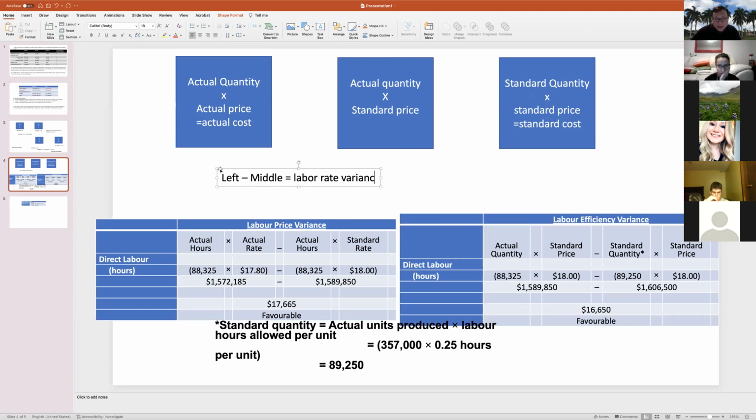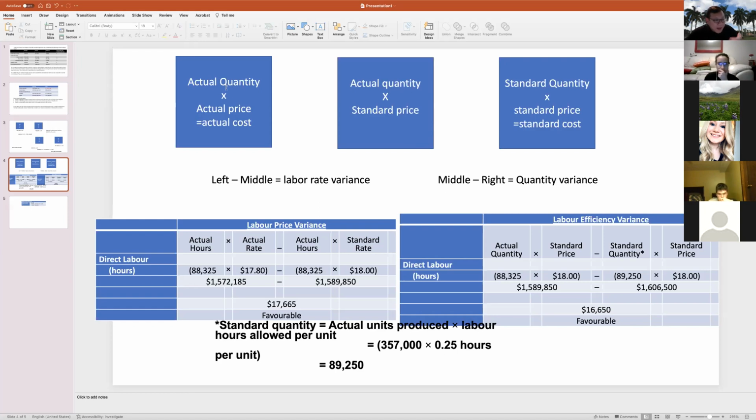Yep. Okay. And if you use middle minus right, you are going to get, for labor, your quantity variance. Very good, right? So that's good.